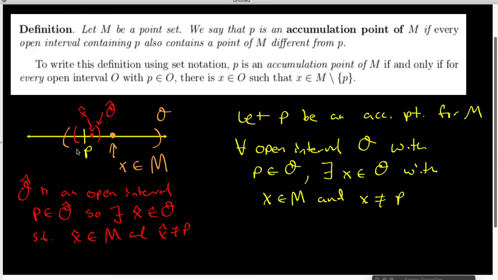And I can keep doing this with one interval after another interval after another interval after another interval. We'll look at that in a few minutes in a little bit more detail.